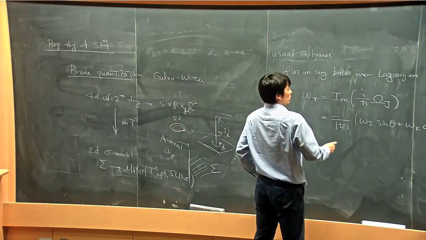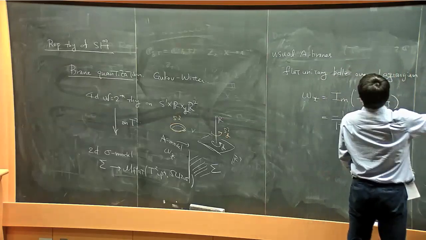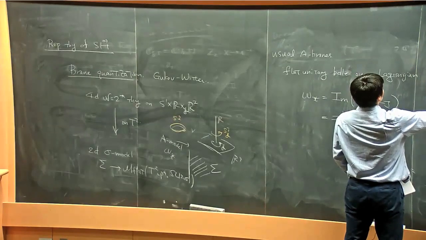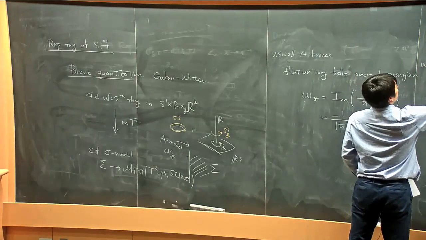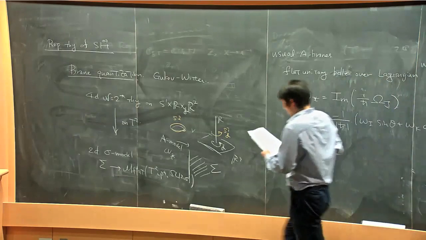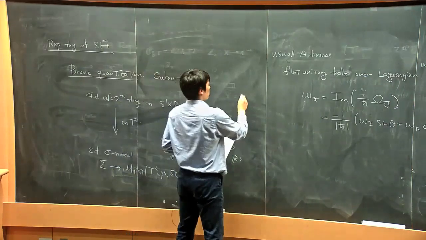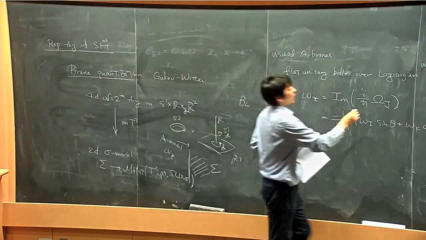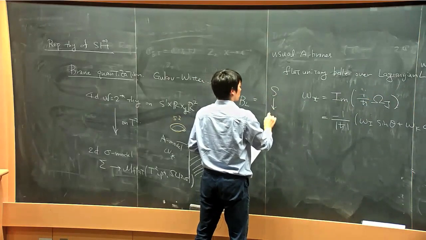So the usual A-brane is a flat unitary bundle over a Lagrangian with respect to this omega x. I call it B_L, for Lagrangian L, which is a flat unitary bundle over the Lagrangian.